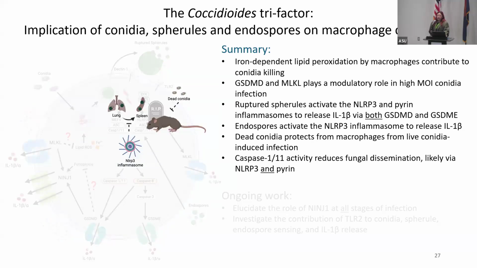And lastly, we show that dead conidia appear to offer a protective effect in vitro and in vivo. We also implicated the role of caspase 1/11 in limiting fungal dissemination, and we'll be looking further into NLRP3 and pyrin.